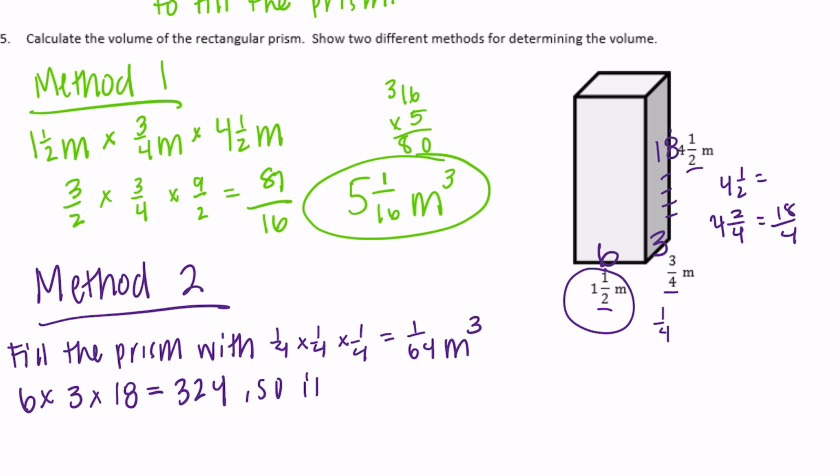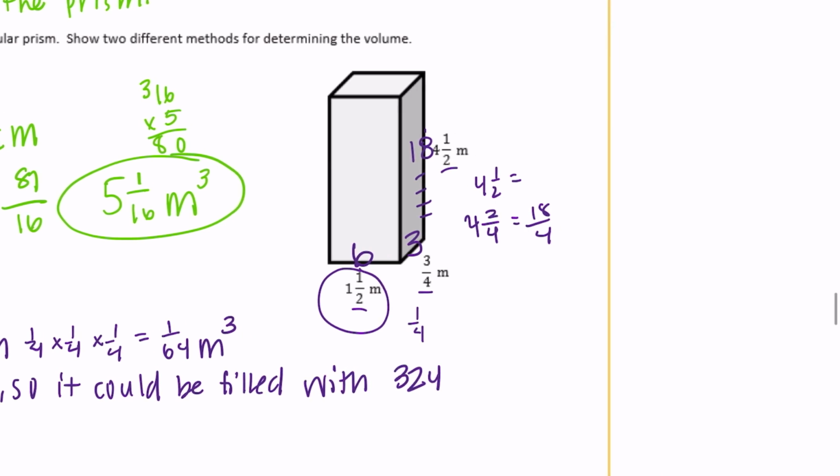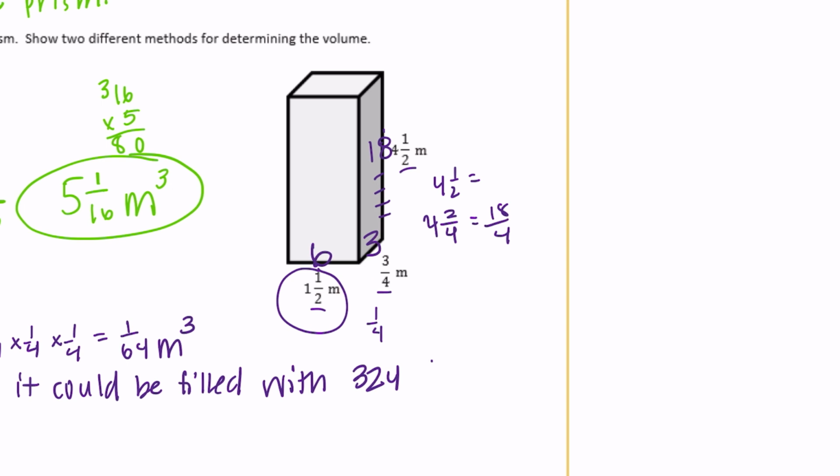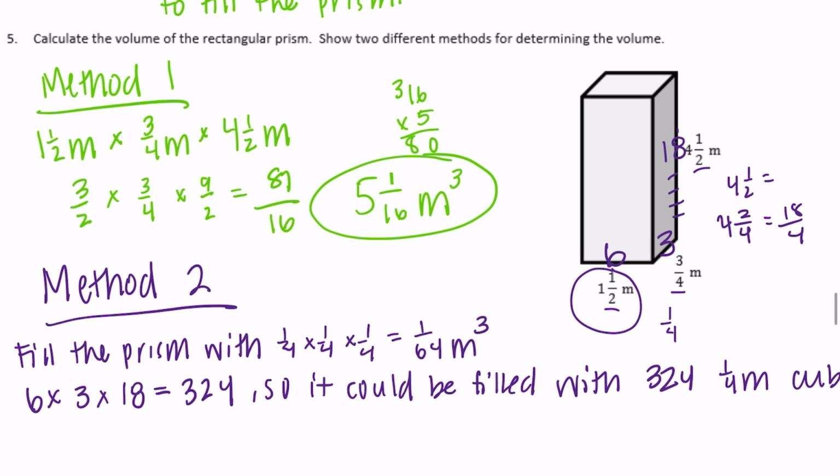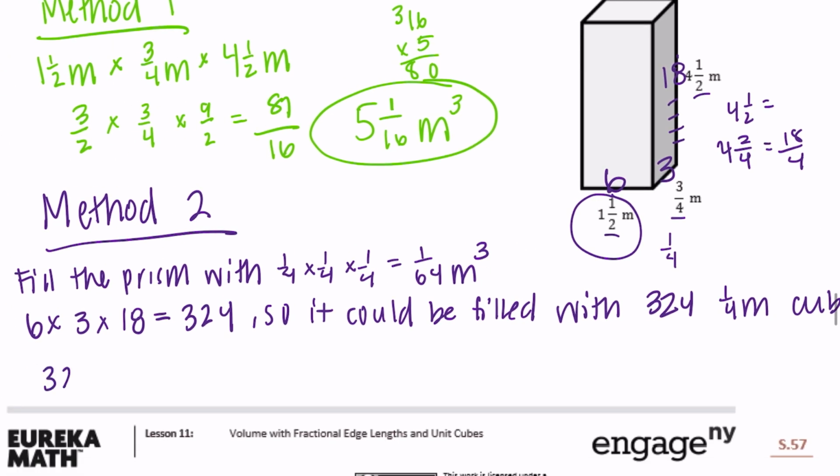So it could be filled with 324 1/4 meter side length cubes. So then our final step would be to take that 324 and multiply it by our 1/64.